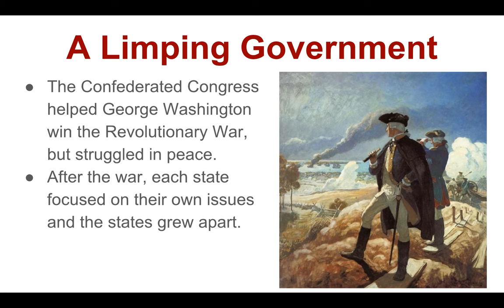The United States did get freedom and independence from Great Britain. But after the war, each state started to focus on their own issues, and convincing those states that there were these bigger, broader national issues which needed their attention and their money was a very difficult thing for our National Congress to do.